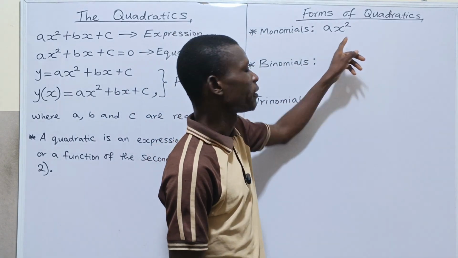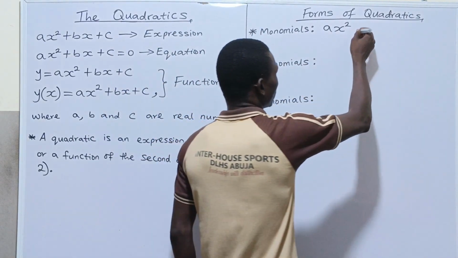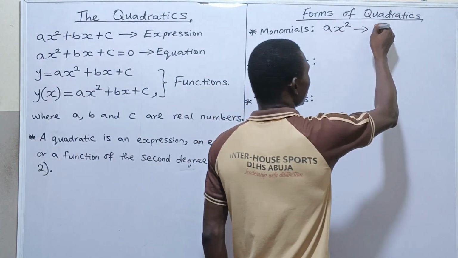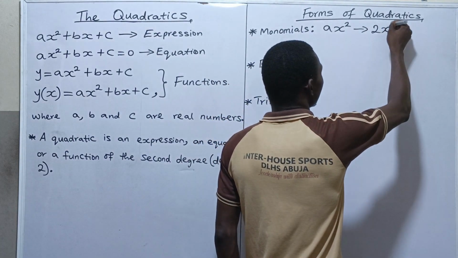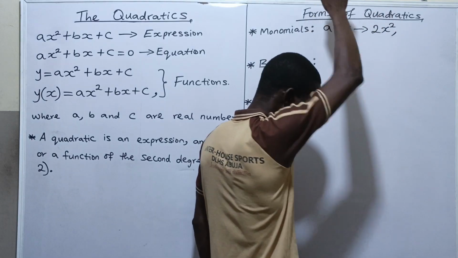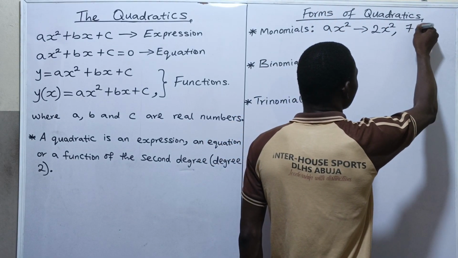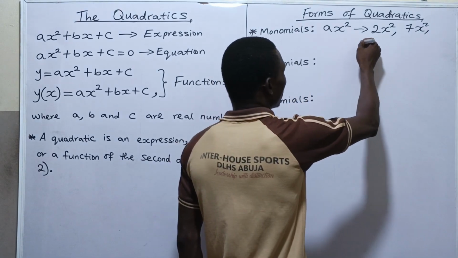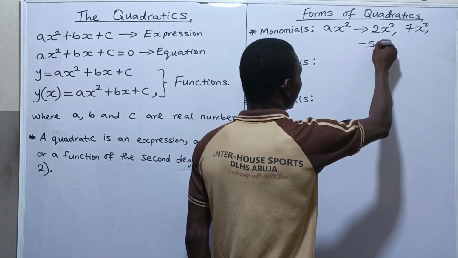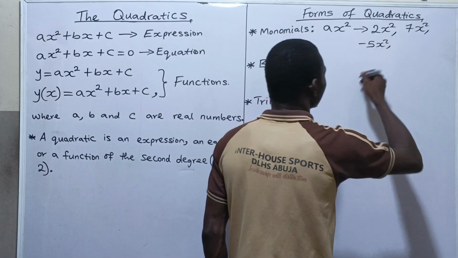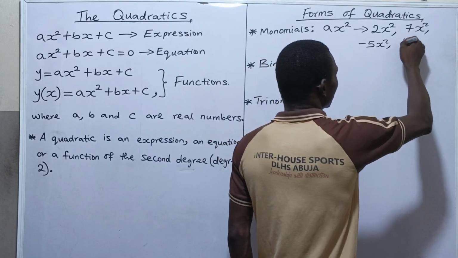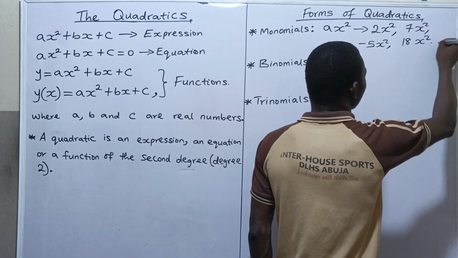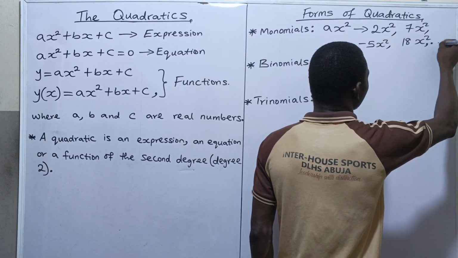So, quadratics can appear as monomials. And examples of monomials can be maybe 2x squared, 7x squared, minus 5x squared, 18x squared, and the list goes on and on.